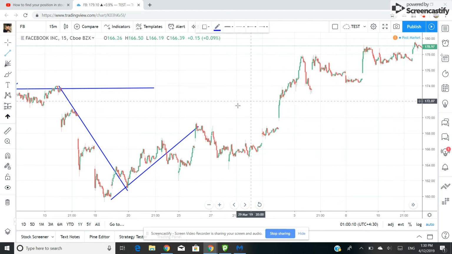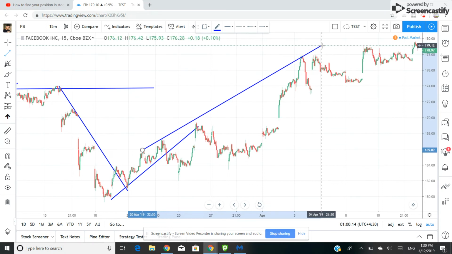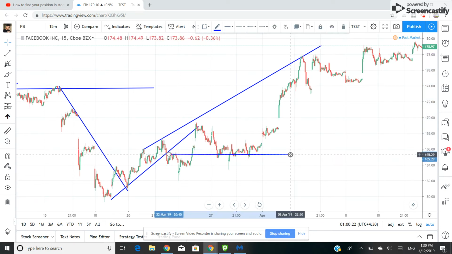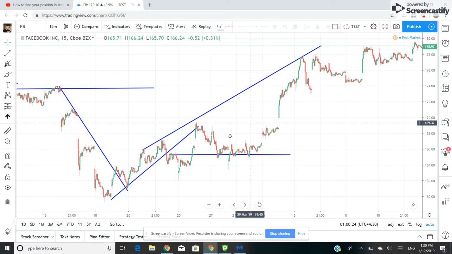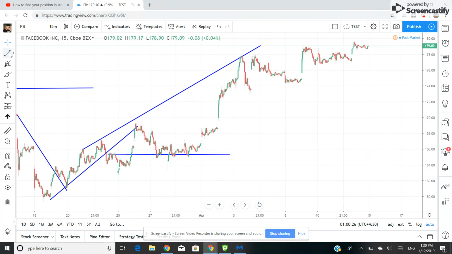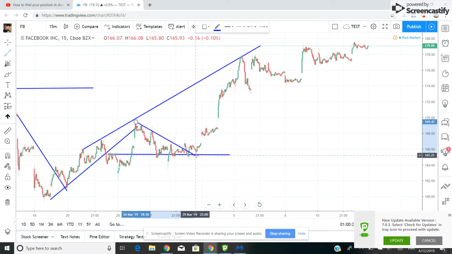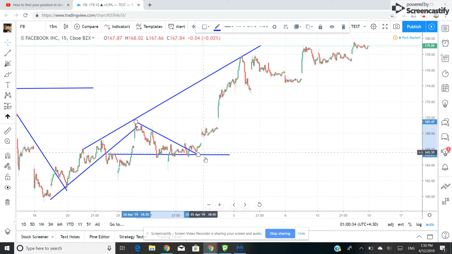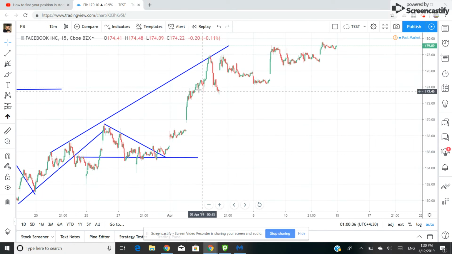So now what we have to do, we have another resistance given by us. In the meantime, it took a support here. So here's a trend breakout. See, very small, but it's showing a bullish sign and went up.